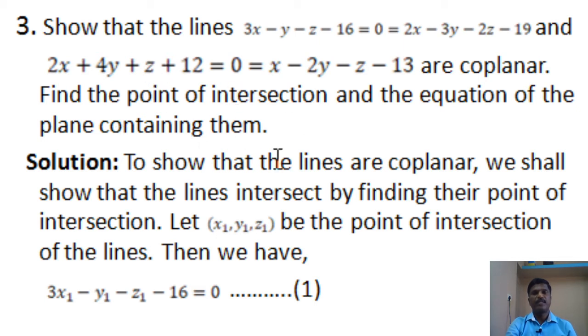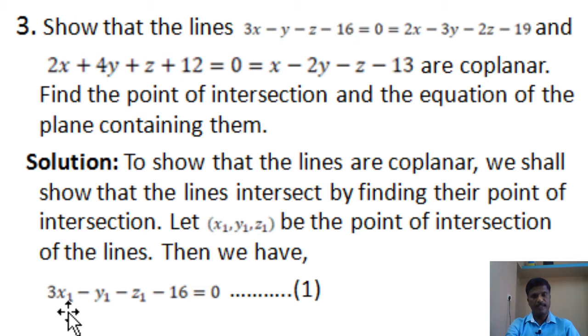Again, to show that the lines are coplanar, we shall show that the lines intersect by finding their point of intersection. If there exists a point of intersection, then the lines intersect. So, first we find the point of intersection. Let (x1, y1, z1) be the point of intersection of the lines. Then this point satisfies the first equation, that is 3x - y - z - 16 = 0.